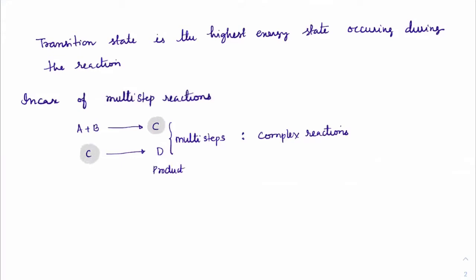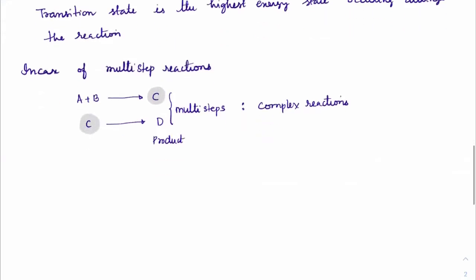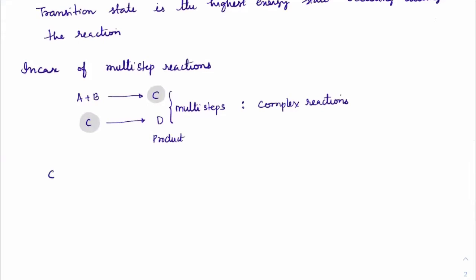It is not a final product, correct? So C is an intermediate, also known as the reaction intermediate. Okay.